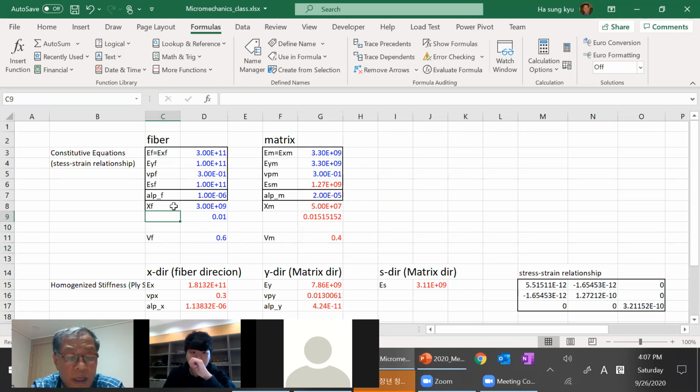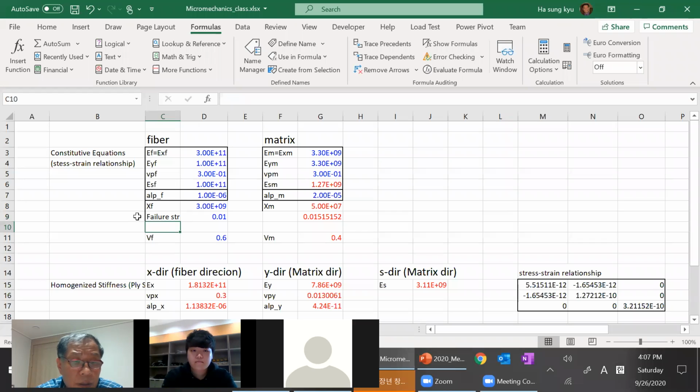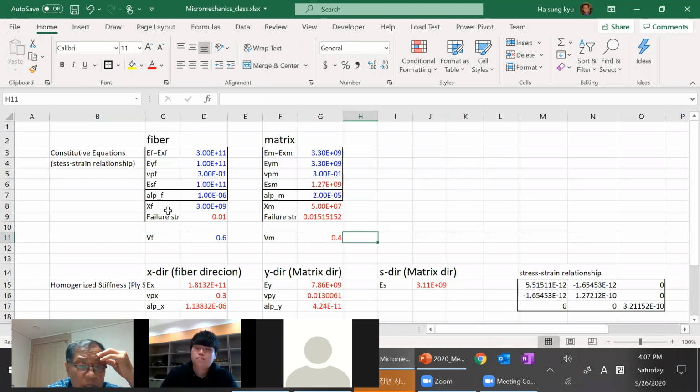This is the failure strain, fiber failure. This is the failure. Just to get the understanding of the meaning.